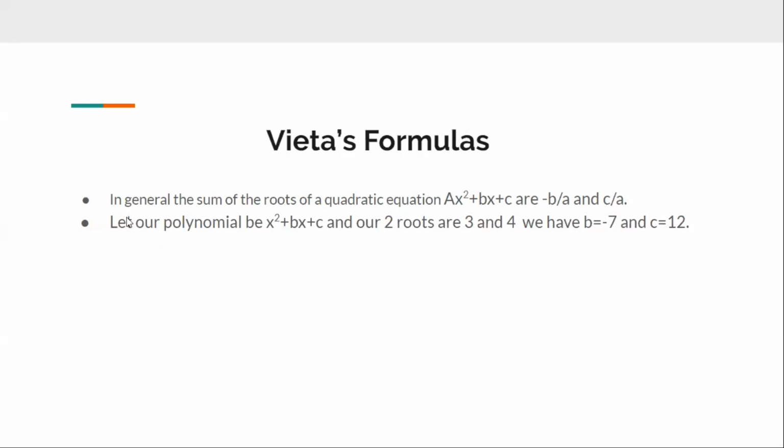So for example, if our polynomial is x squared plus bx plus c, and our two roots are 3 and 4, then by Vieta's, the sum of the roots is -b over a, and a is equal to 1. So -b has to be equal to 7, so b is equal to -7. And c over a, or c, because a is equal to 1, has to be equal to 3 times 4, which is 12. So our quadratic becomes x squared minus 7x plus 12.